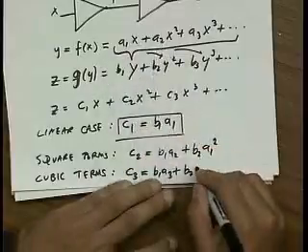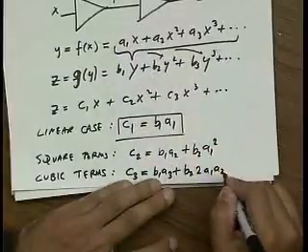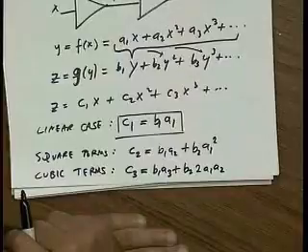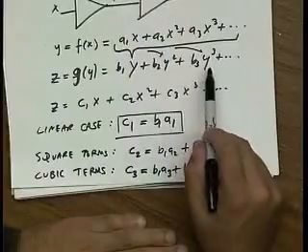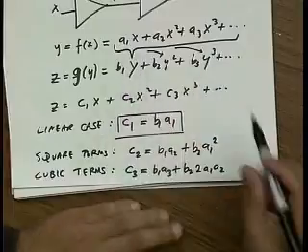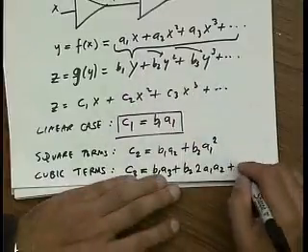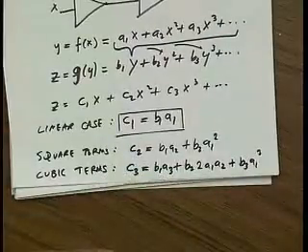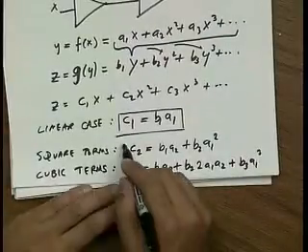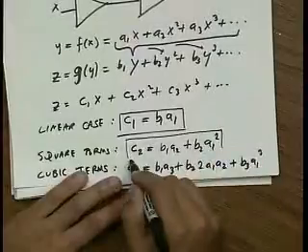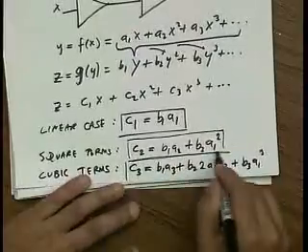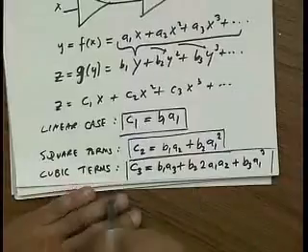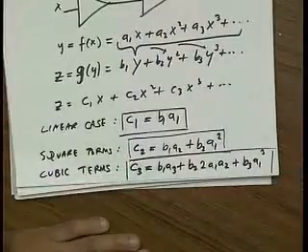So I get 2 times A1, A2, and that gives me a cubic term. And finally, I get my y cubed term, which cubes the A1 term. So I get A1 cubed. And that's it. So I can circle these equations. And now, when I have a cascade, I can just apply these equations.